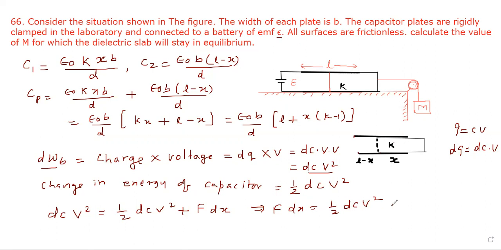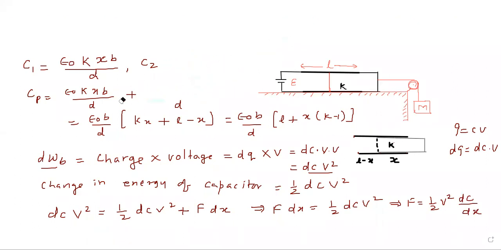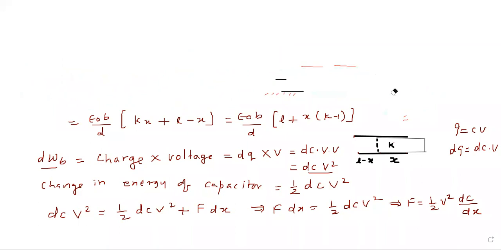So we write it as F equal to 1 by 2 V squared times dC upon dx. Now let's write the value of dC, and dC we have found as epsilon naught B upon D times L plus X times K minus 1.